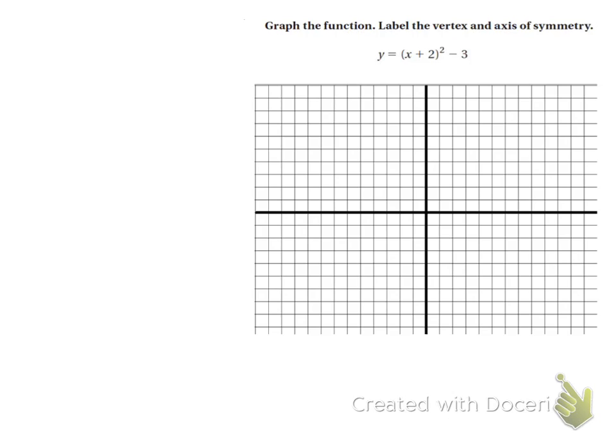We are going to first look at this one. Our vertex is negative 2, negative 3. That's our vertex.